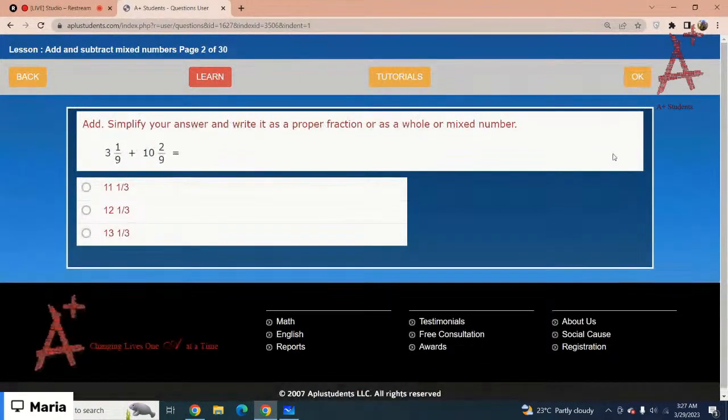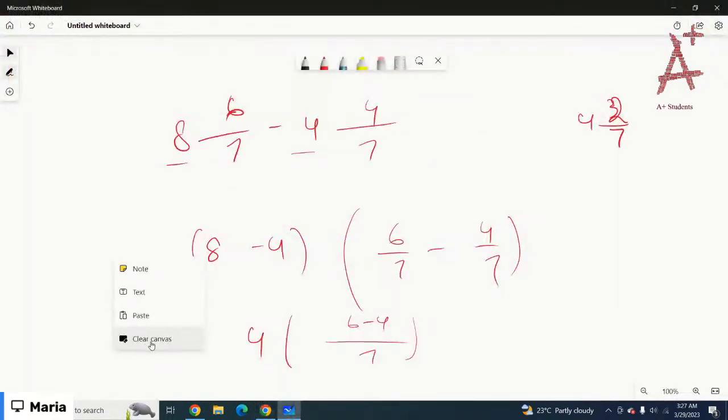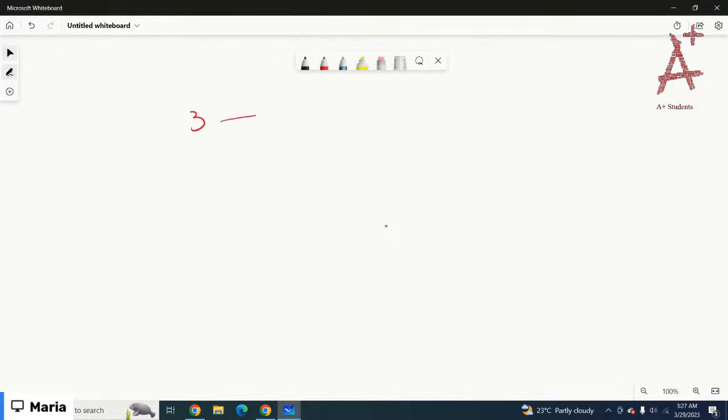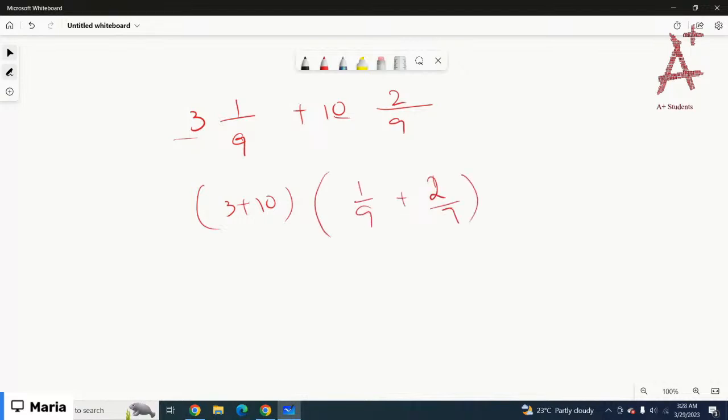Okay, the next one is 3 whole 1 over 9 plus 10 whole 2 over 9. Just separate their whole numbers. It would be 3 plus 10. And just separate their fractions, 1 over 9 plus 2 over 9.